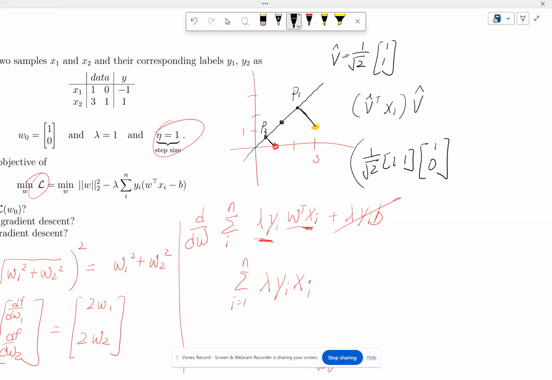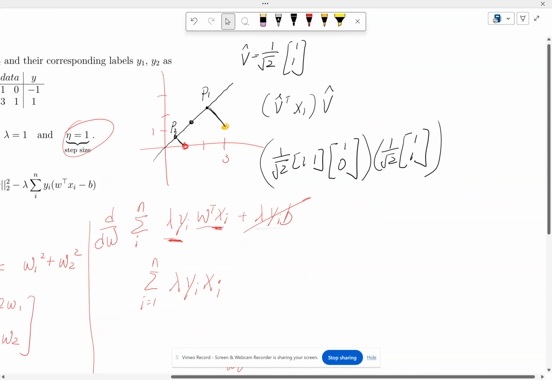Then you multiply this whole thing by V hat again, which is 1 over square root of 2, 1, 1.